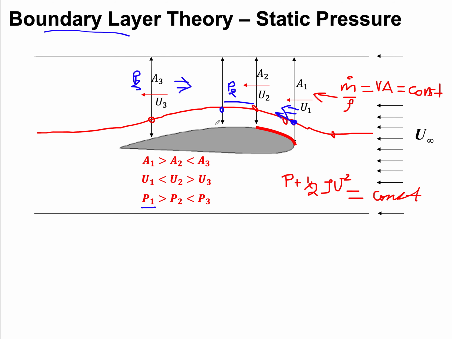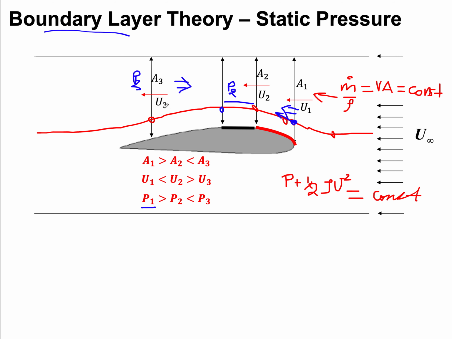So we can break an airfoil into three regions. The first is what we call a negative pressure gradient, a favorable pressure gradient, because the pressure gradient is negative, it's going down, it's a downward slope, so you're going downhill, so it's easy. Here it's flat, so there's no variation in pressure, it's a zero pressure gradient.